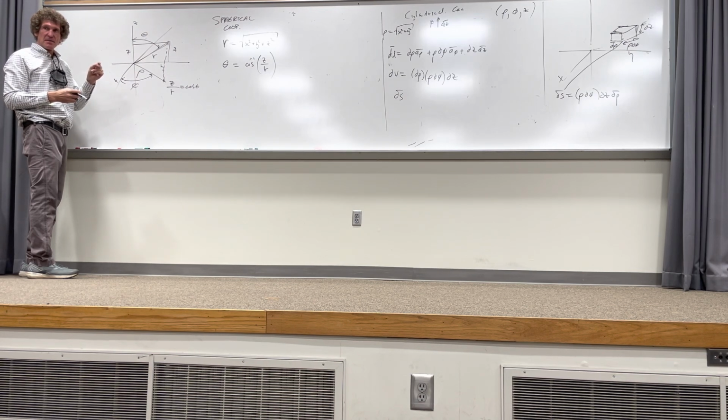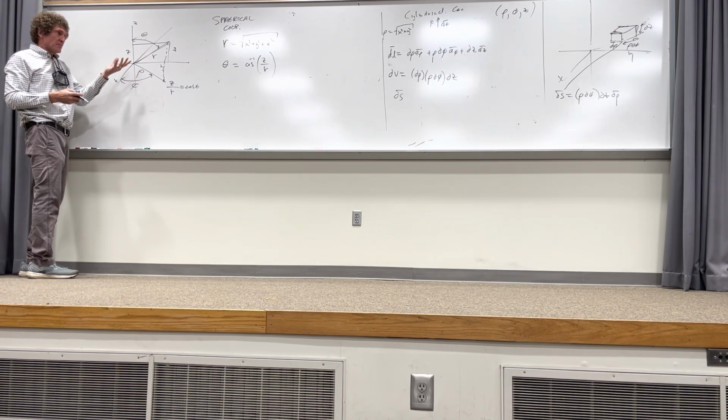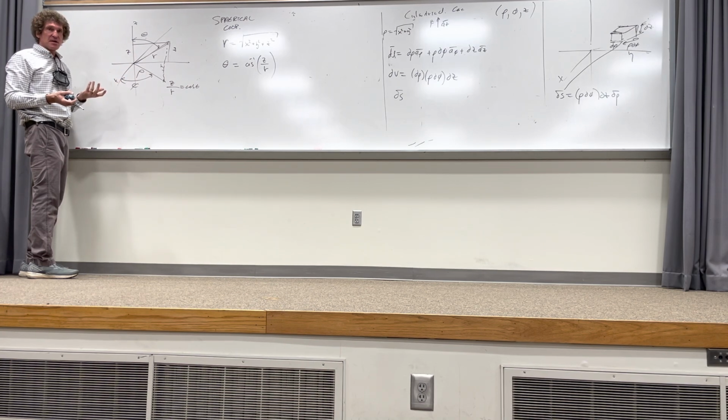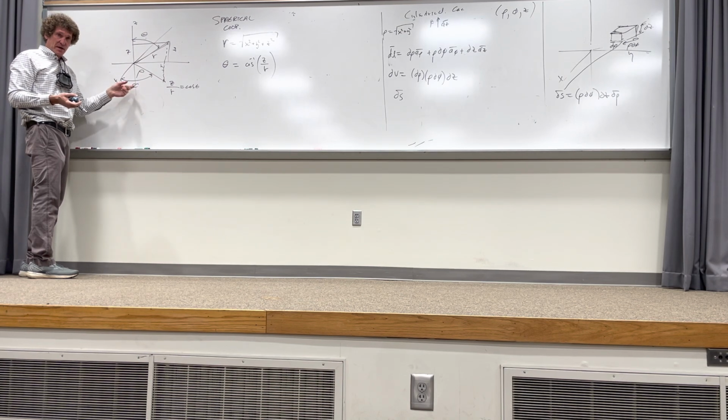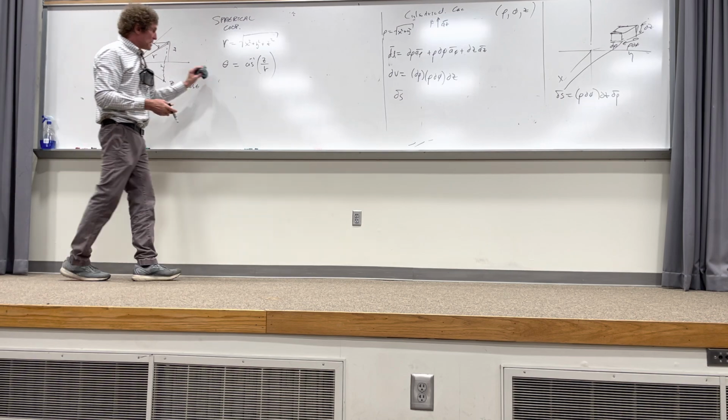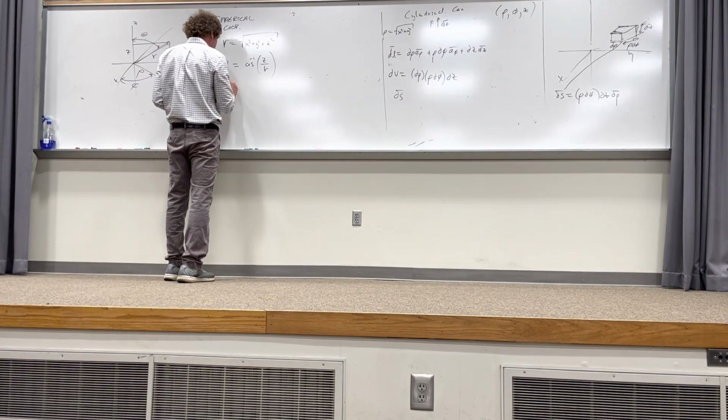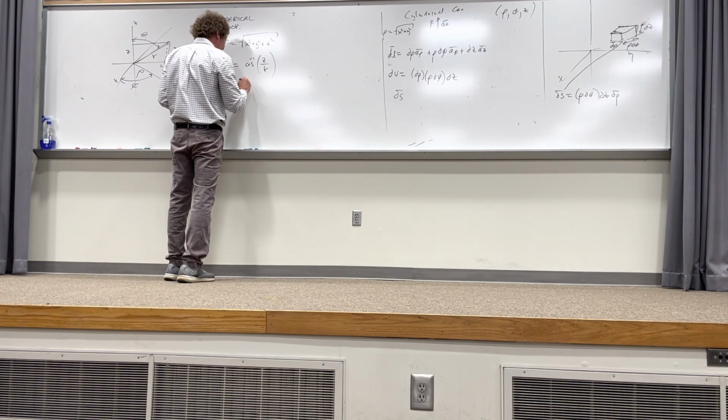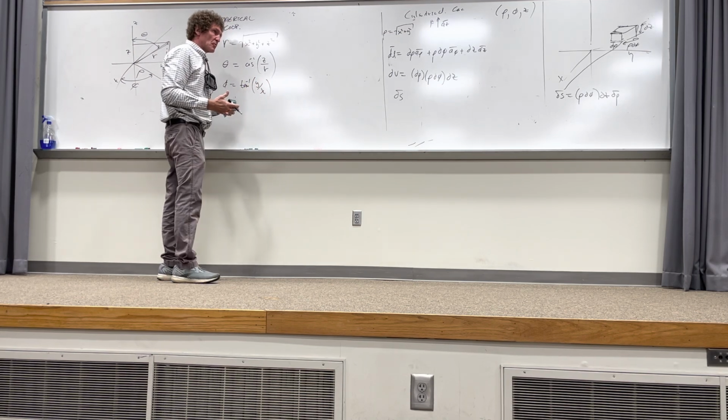Got me on that? They're the same. So if the points are given in x, y, and z, this is just the inverse tan of y over x. There's phi, and that's equal to tan inverse of y over x if you're talking about Cartesian coordinates.